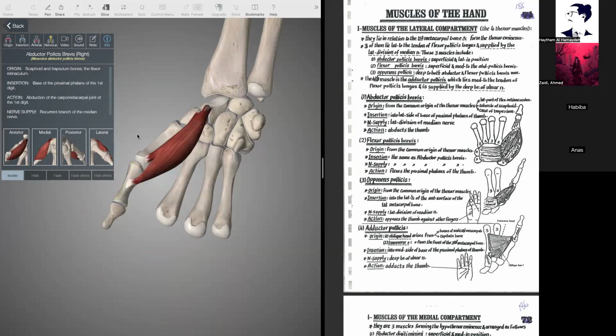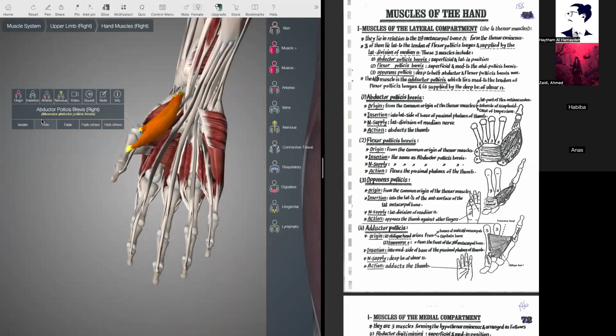Action, from the name, it abducts the thumb. Abductor abducts. Pollicis, thumb. Brevis, short. The short abductor of the thumb. Nerve supply, median nerve. We already know this. So I'm gonna hide this one.